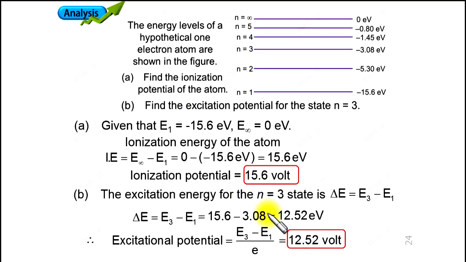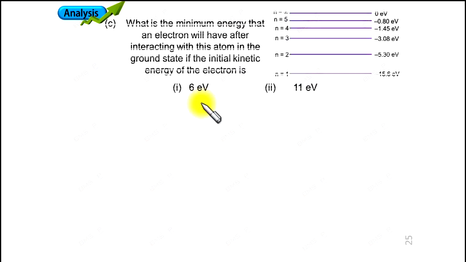Now let us move to the C part of the question. In C part, it is asked what is the minimum energy that the electron will have after interacting with this atom in the ground state if the initial kinetic energy of the electron is 6 electron volt and second 11 electron volt, right?